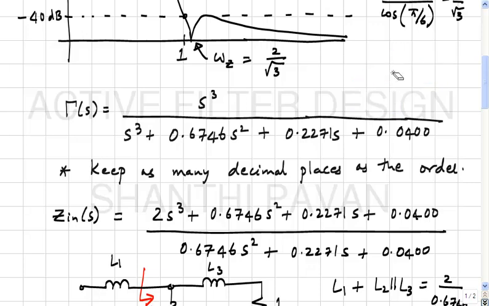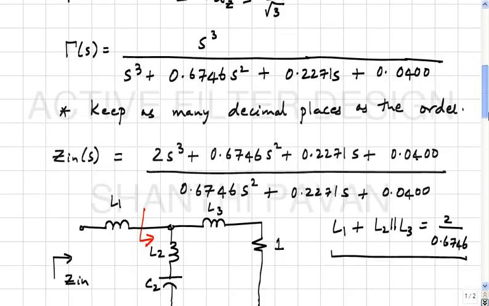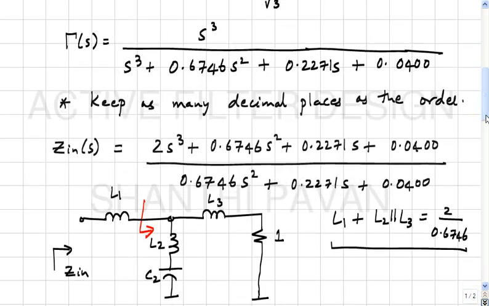Okay, great. Now, a useful rule of thumb, especially in hand calculations, is to retain as many decimal places in these coefficients as the order. So, I've been a little more careful here and have chosen to retain 4 decimal places and continue with the calculations.